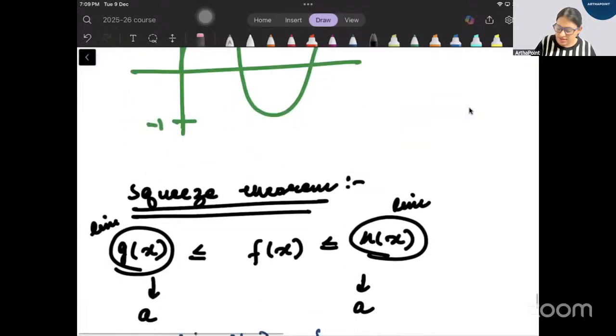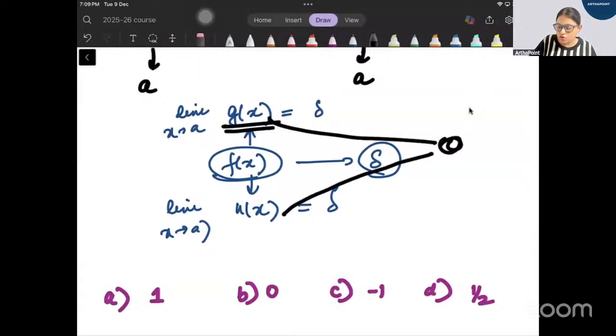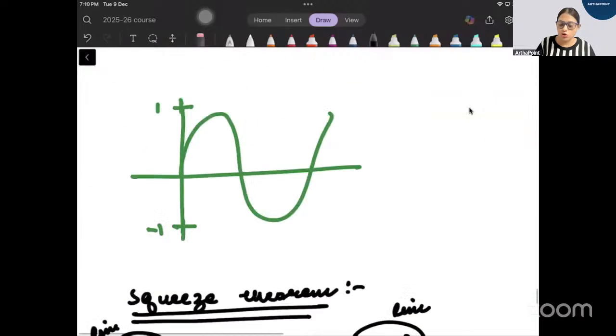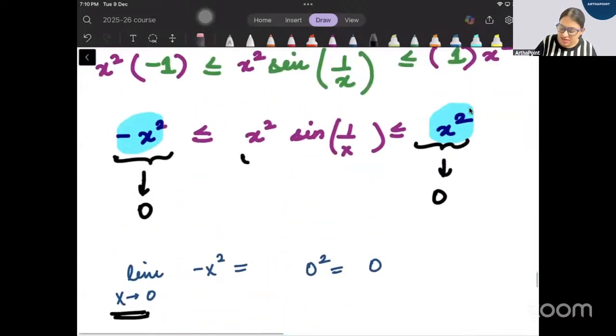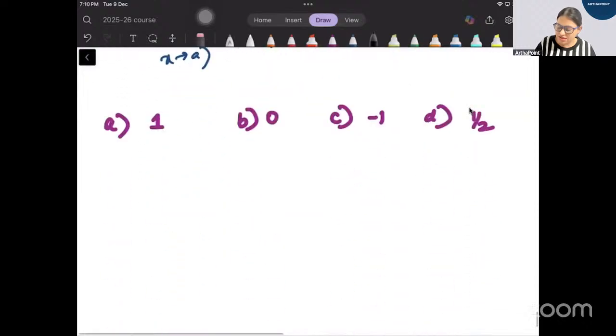So this g(x) is approaching 0, and this h(x) is also approaching 0, which are the extreme sides. So the function in between, where it is squeezed, must also approach 0. Therefore we can say that this x square sine 1 by x will also approach 0. All of you are right if you have said that the answer will be B.